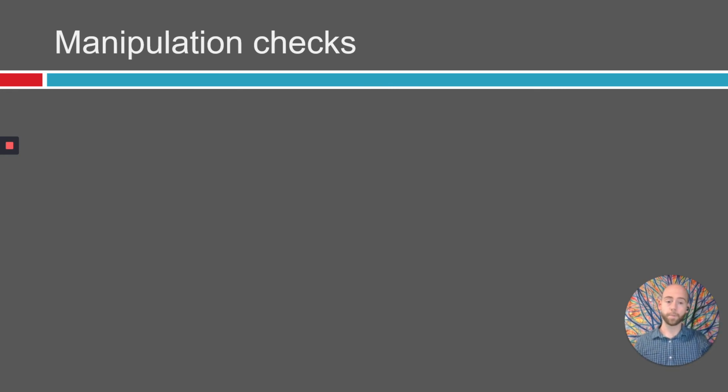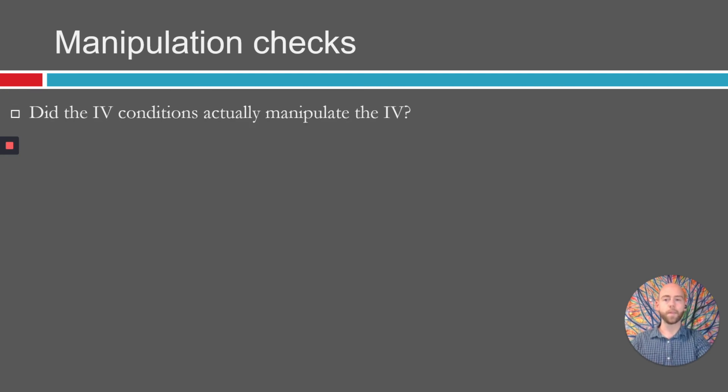Like if you want to manipulate stress and you give people a countdown clock in the high stress condition to give them time pressure, that makes sense as a way to manipulate stress in some ways, but maybe it doesn't work. You don't really know until you try. So manipulation checks are things that you can do to see if your conditions are actually manipulating your independent variable.